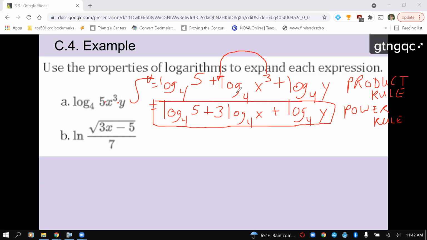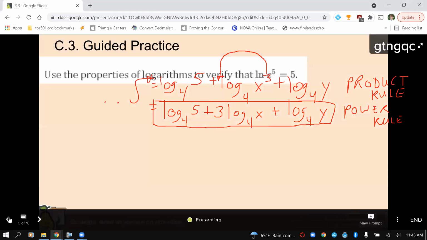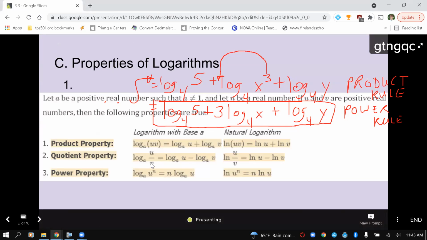Okay, let's say that you have learned from your mistakes of not paying attention. Now pay attention as we do the second one. In this case, what we have is not a product, but a quotient. So now you look at your notes, quotient rule. If I have a quotient, I'm gonna subtract.